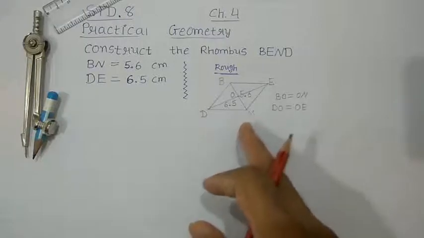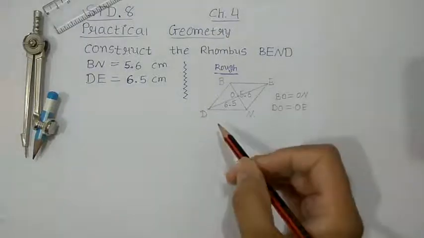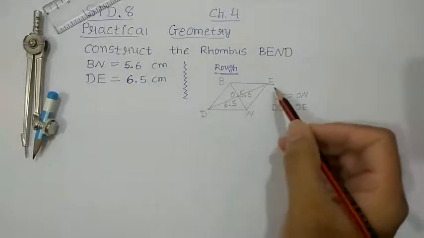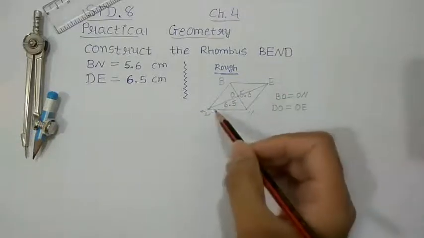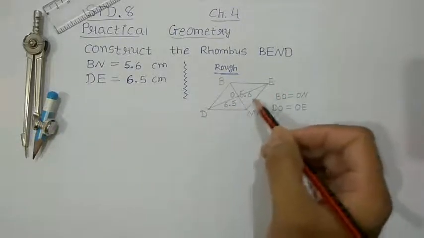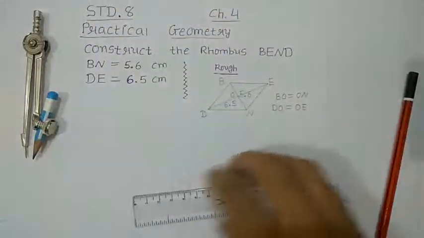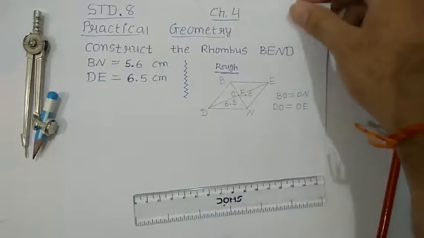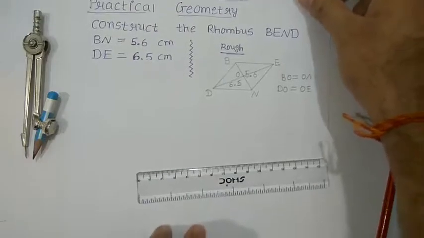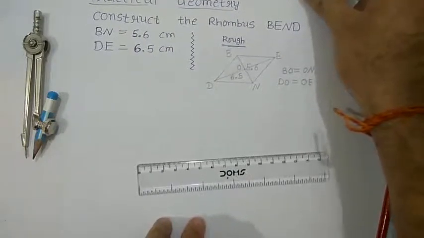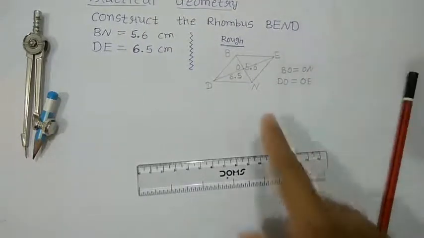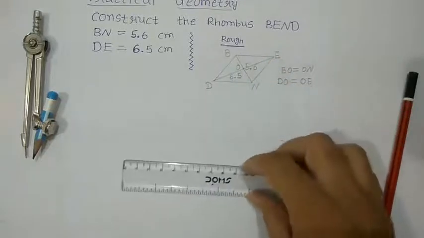So now to construct this rhombus, we will start from this diagonal. So let us draw 5.6 centimeter, and then we will construct the previous rough diagram. Okay, so first of all what we have to do is construct a line segment of 5.6 centimeter.